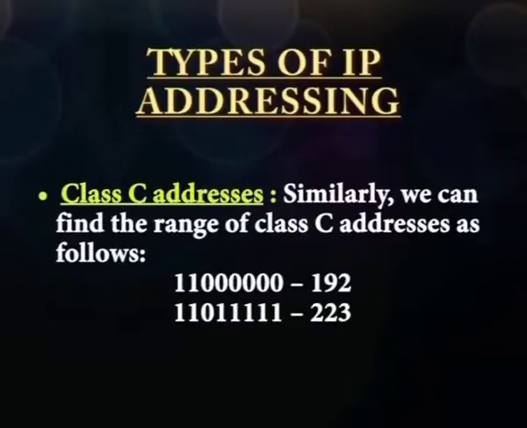Class C addresses. In a class C network address, the first 3 bytes are assigned to the network address and 1 byte to the host address. The first 2 bits of the first byte must always be turned on, but the third bit can never be on. Similarly, we can find the range of class C addresses as follows: from 11000000 which is 192, to 11011111 which is 223.